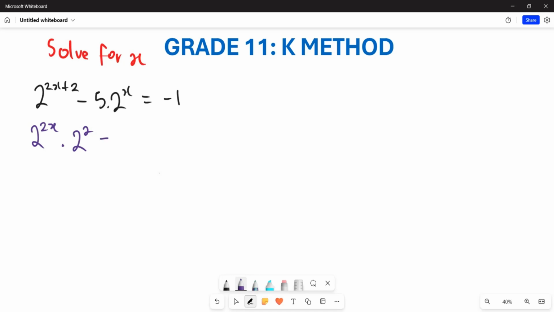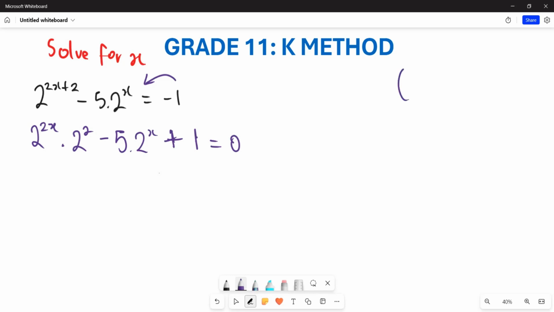Then this is going to be subtract 5 multiplied by 2 to the power of x. Now you're going to take the 1 to this side, so it's going to be plus 1 equals 0 altogether. Now, I want you to look at this.